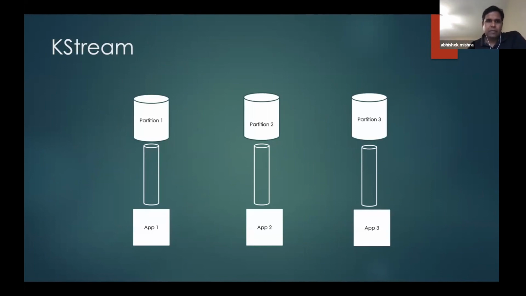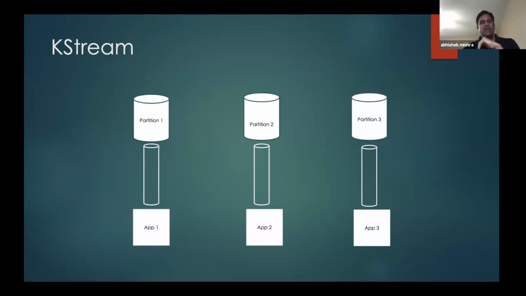So one of the main constructs in the Kafka Streams library is the KStream. When you create a Kafka Streams enabled application, the number of instances that you instantiate for that application will be equally tied to a Kafka topic's partitions.